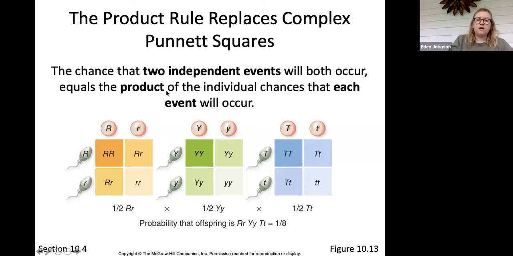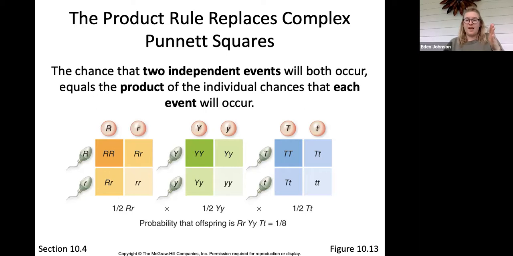Let us go back to the share screen. All right, so the product rule is just the chance that 2 independent events will both occur, meaning that an individual having brown hair has nothing to do with, it doesn't increase or decrease the odds of, that individual being a boy or girl at all, okay?